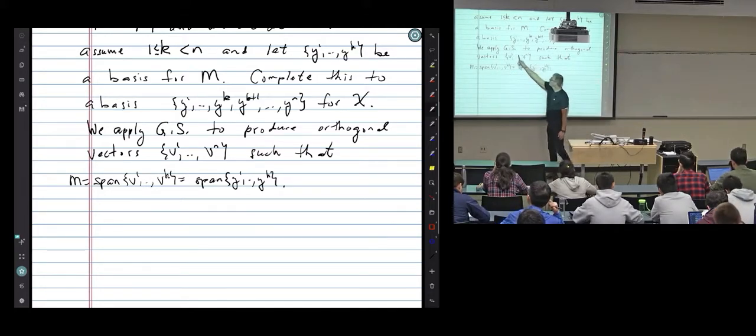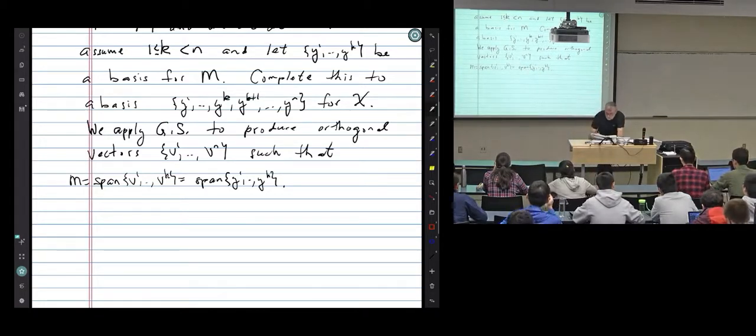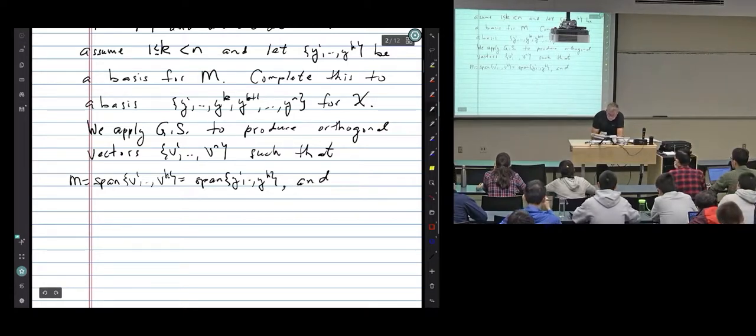That takes care of the first part, but then these vectors are all orthogonal to the others. And we have vk plus 1 all the way up to vn orthogonal to v1 to vk.